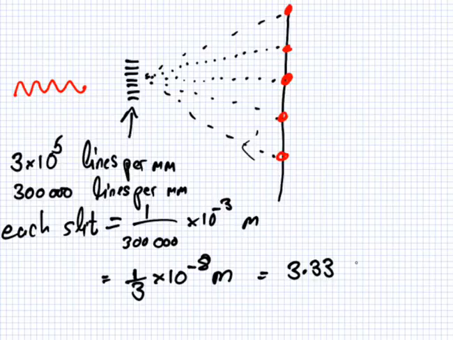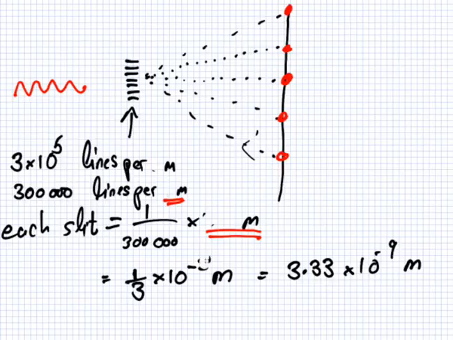Why do you change it to minus 3 from 5? Oh, this is because these are millimeters. So this is a millimeter, isn't it? 10 to the minus 3 meters. Here is 3 times 10 to 5 per meter. Oh, sorry, did it say per meter?